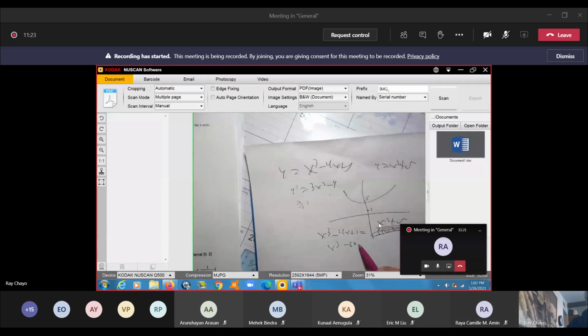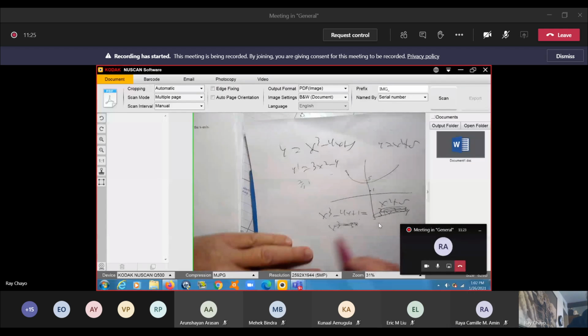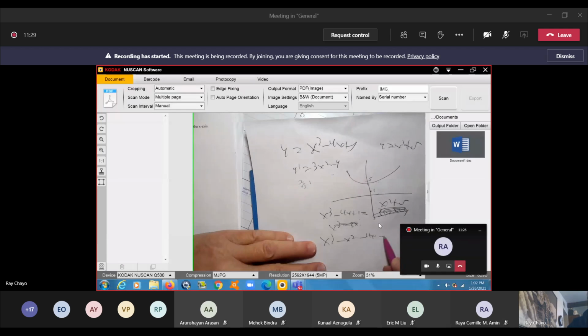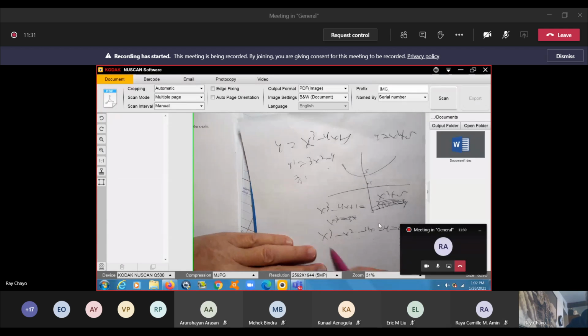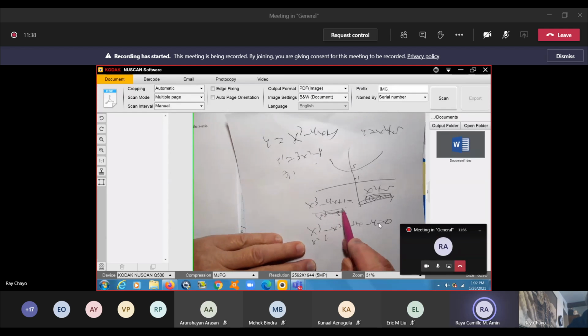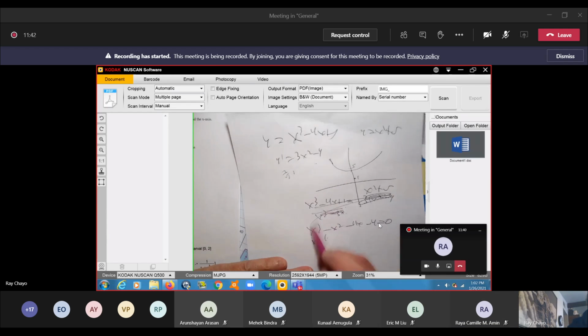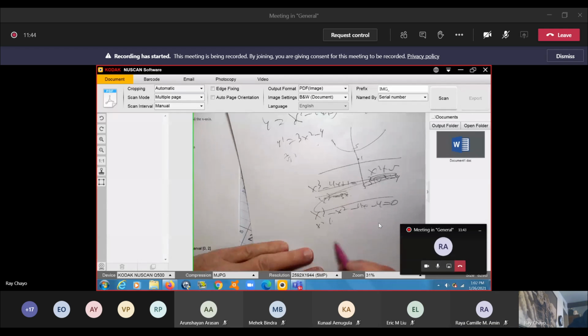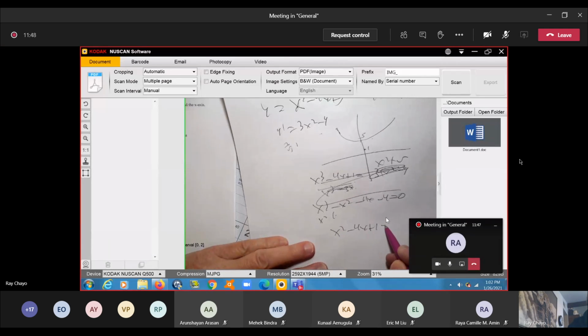So x cubed minus x squared minus 4x minus 4. I think both of them were squares, so the first one is y equals x squared minus 4x plus 1. Oh, I got a cube somewhere. Okay, then even shorter. So x squared minus 4x plus 1, and the other one is x squared plus 5?